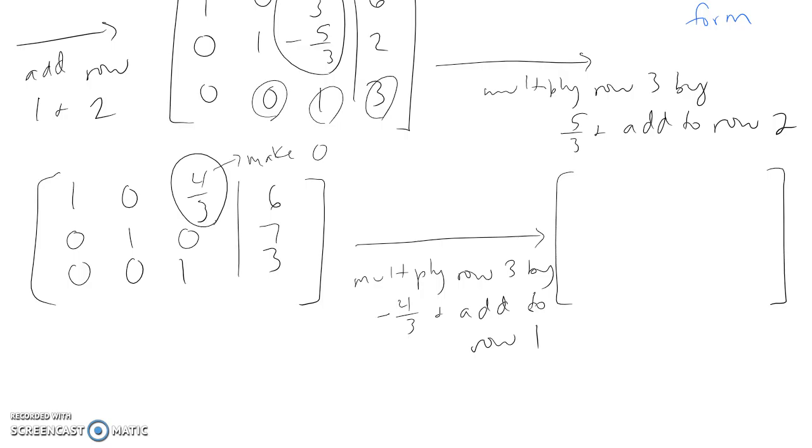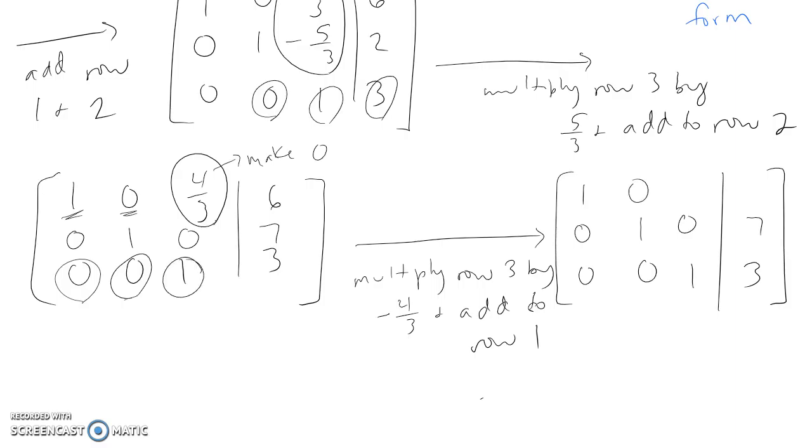So rows 2 and 3 are exactly how we want them. If I multiply row 3 by negative 4/3: 0 times negative 4/3 is 0, plus the 1 up here, that's 1. This 0 multiplied by negative 4/3 is 0, plus the 0 here, that's still 0.